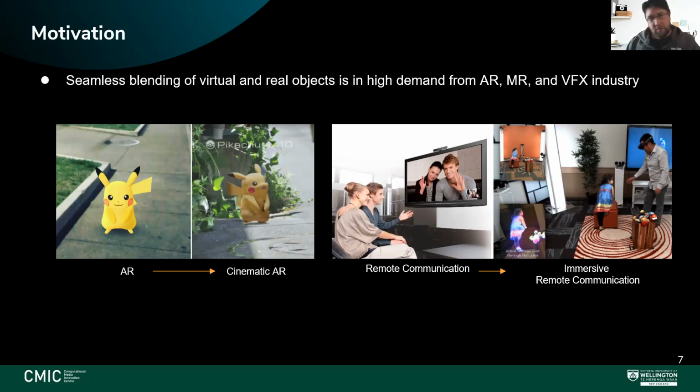The figure on the right is about collaboration, where you can have remote communication like we are doing right now with Zoom. If we're able to use AI to figure out other properties with which we can better immerse ourselves in remote communication, we can also try to solve this problem.